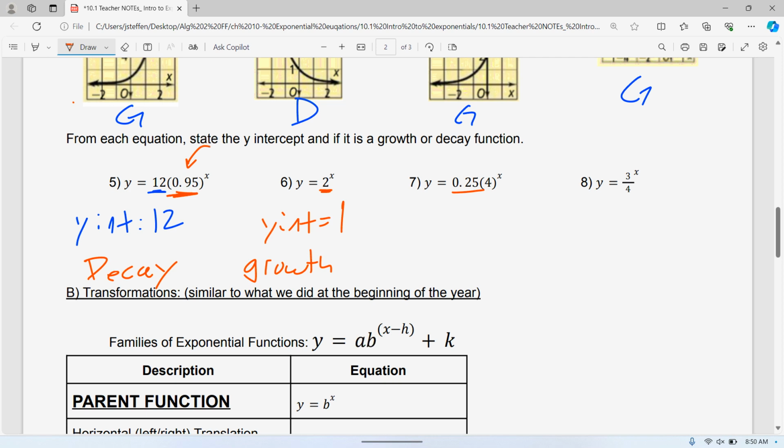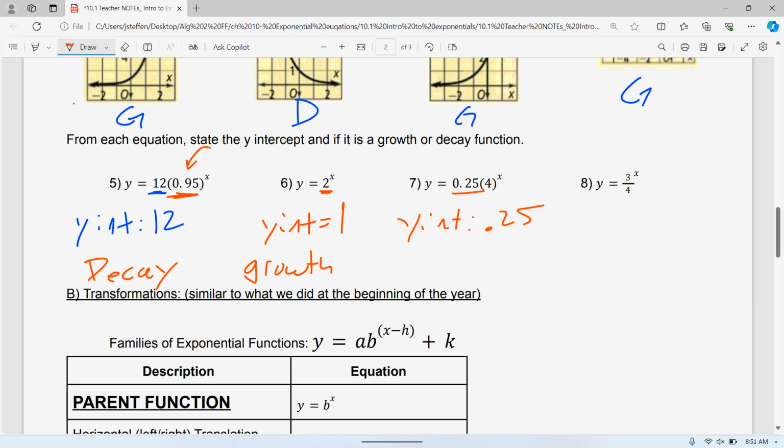By making the y-intercept a fraction, not a huge deal. Don't fall for that. The y-intercept is 0.25, and it's a growth problem because again, the base is bigger than 1. And lastly, your y-intercept is 1 again, and this one is a decay problem.